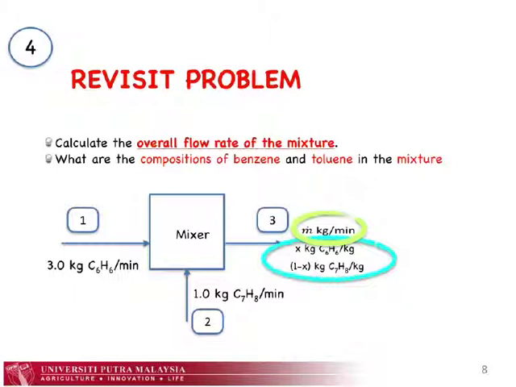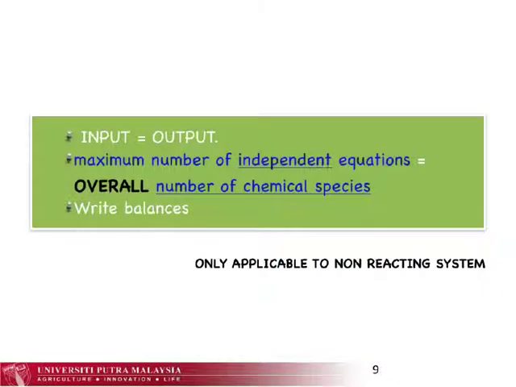So, if we have x kilogram of benzene per kilogram of mixture, then the mass fraction of toluene will be 1 minus x kilogram of toluene per kilogram of mixture. Let us also check all the units involved in the calculation. Flow rate should have a unit of kilogram per minute, and mass fraction has a unit of kilogram of compound per kilogram of mixture.